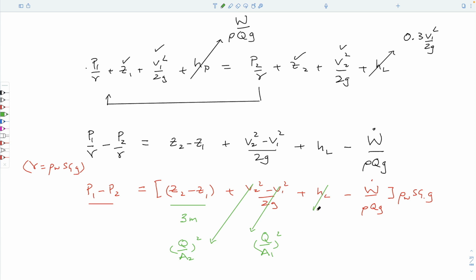This is equal to 0.3 times V1 squared over 2G. And V1 squared, of course, is a function of Q. And this is equal to 20 times 10 to the 3. Density is equal to the density of water times specific gravity. Flow rate is 0.12 cubic meters a second, and G we know.